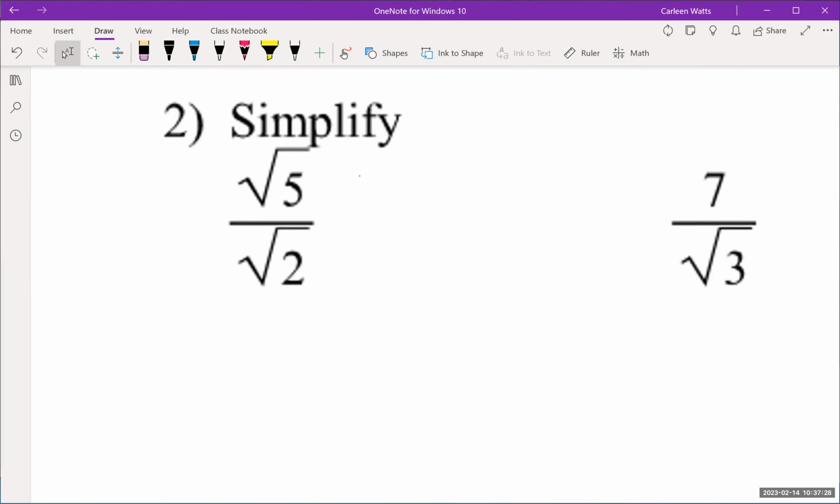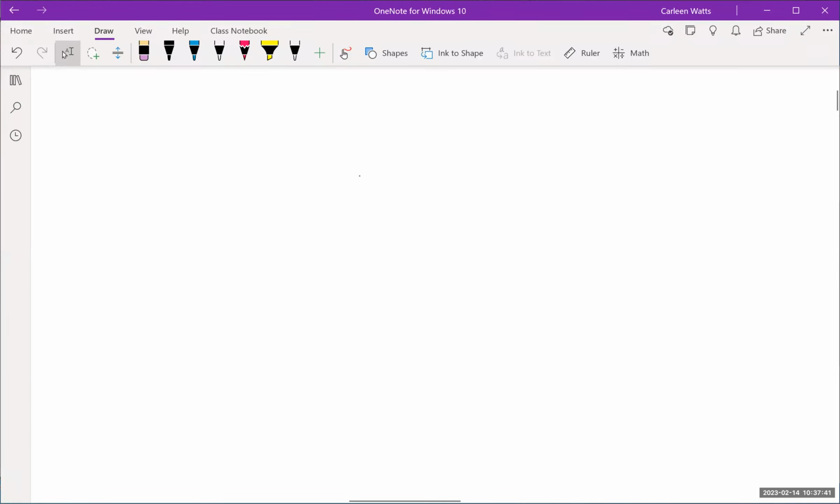Okay, this is where I start to act like I don't know what I'm talking about, because I'm actually doing the same thing in advanced algebra. And if you had me last year, we did this in geometry. No radicals in the basement. Yeah, but I have a radical over a radical.